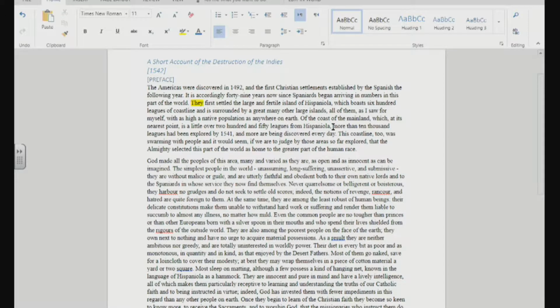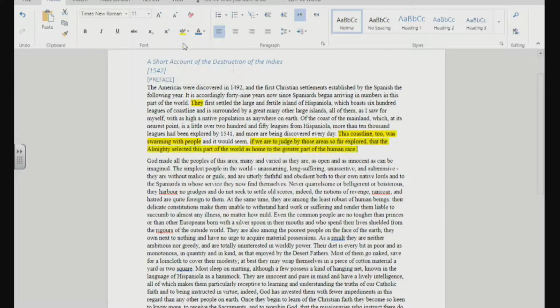He says, though, and this is critical, more than 10,000 leagues has been explored and more being discovered every day. More than that, he says this coastline too was swarming with people. And he says, if we are to judge by those areas so far explored, that the Almighty selected this part of the world as home to the greater part of the human race.